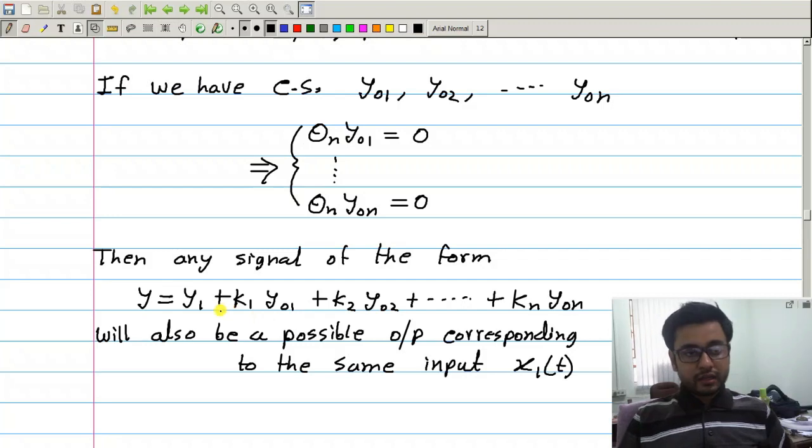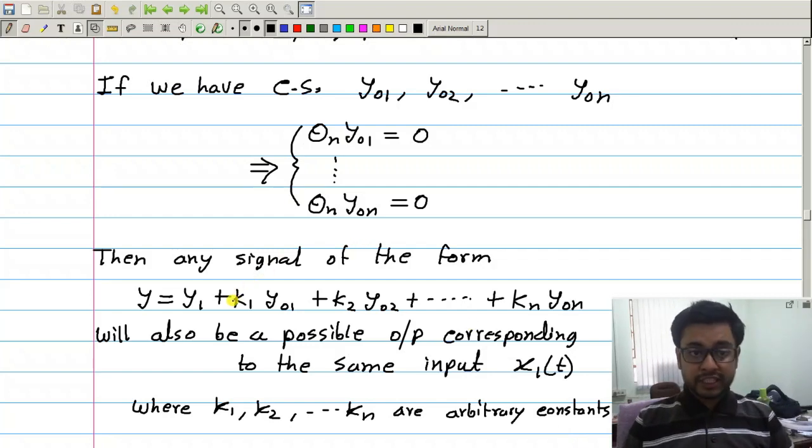And this way we can construct many other possible solutions. These k1, k2, kn are arbitrary constants, and we can take any value for them.